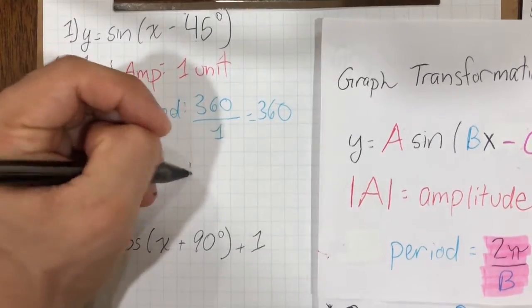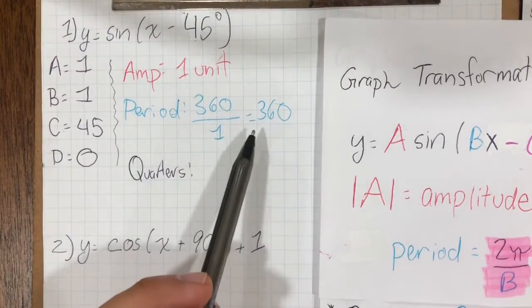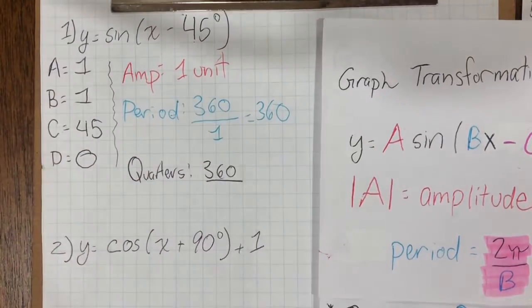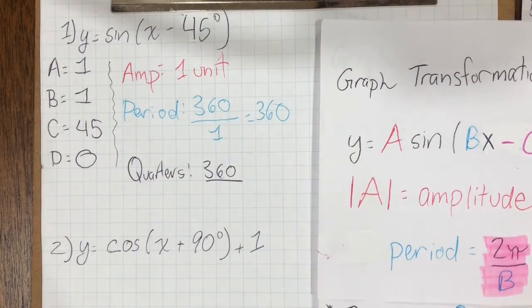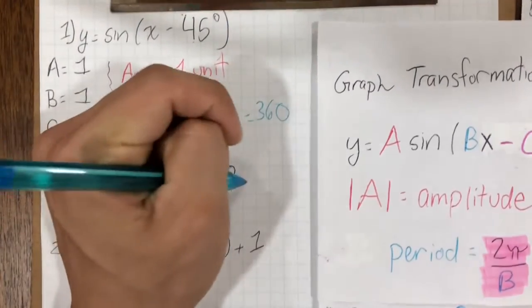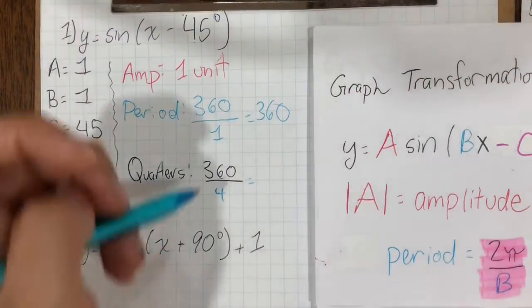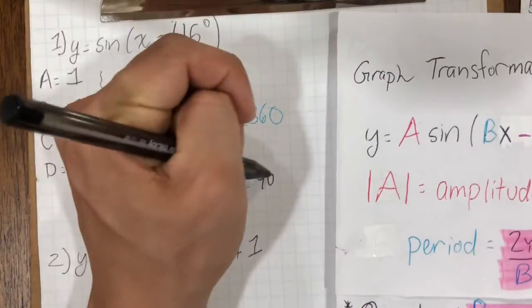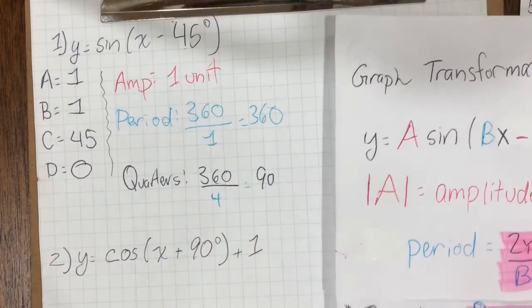With the quarters, I take whatever period I had, so 360, and divide that by 4, since quarters is associated with 4. And with that, I end up with 90 degrees. So that means to get from one x value to the next, I go by 90.